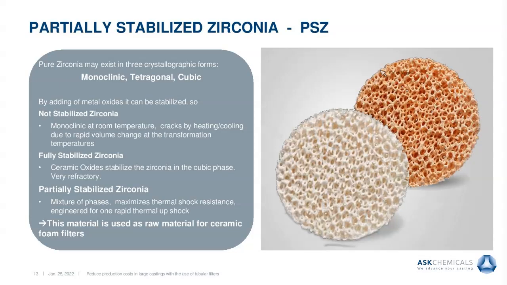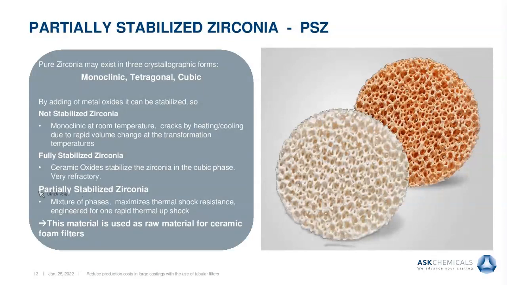When we see that, we see that as a perfect material for these requirements, zirconia has been identified and implemented for the manufacturing of high-quality ceramic foam filters. In this case, you see the PSZ material, which is what we make most of our zirconia filters from.